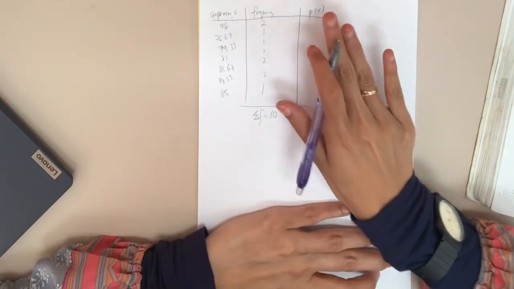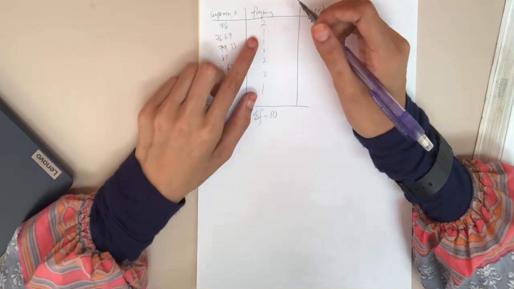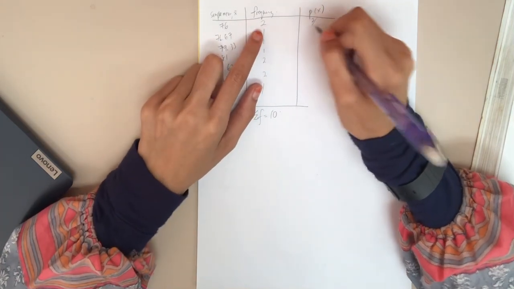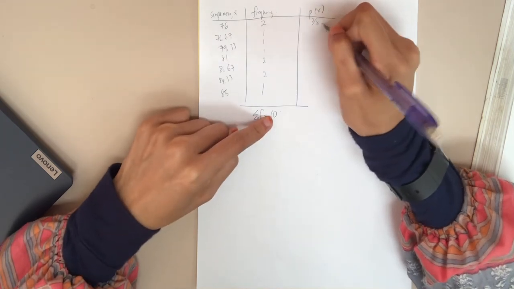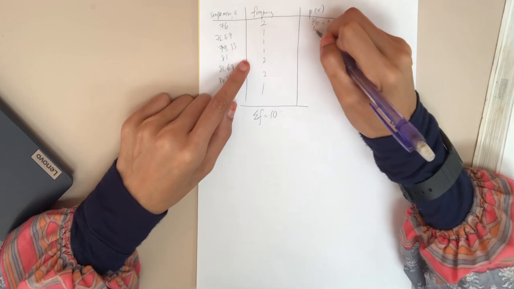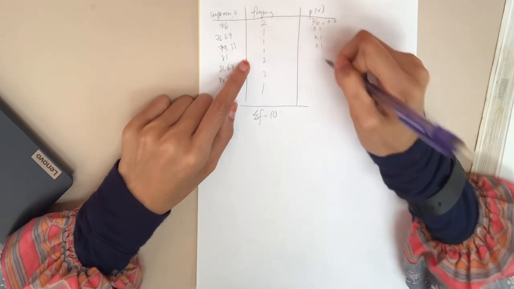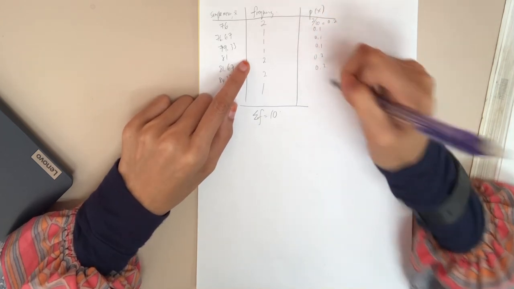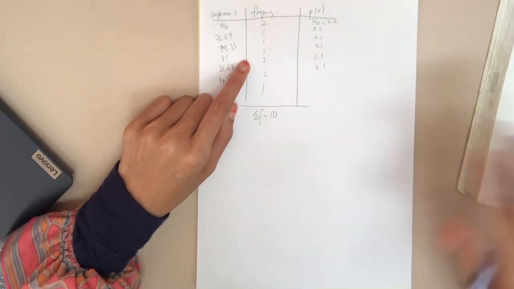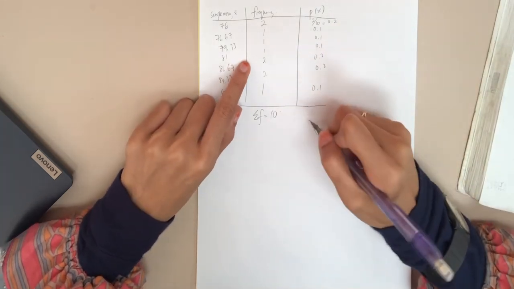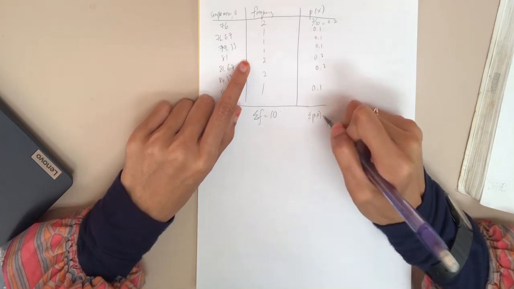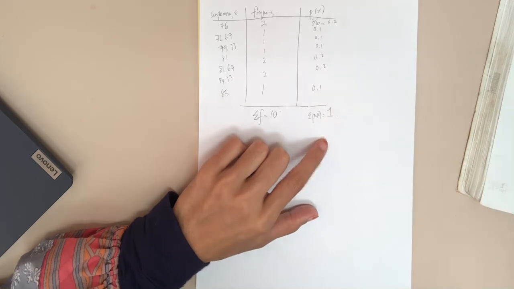Now the probability. Probability is simple. You just count the frequency over the total, which is 2 over 10. So this is 0.2. This one 0.1, 0.1, 0.1, 0.2, 0.2, 0.2 also. Right, 0.2, and then the last one is 0.1. The total of the probability must be 1.